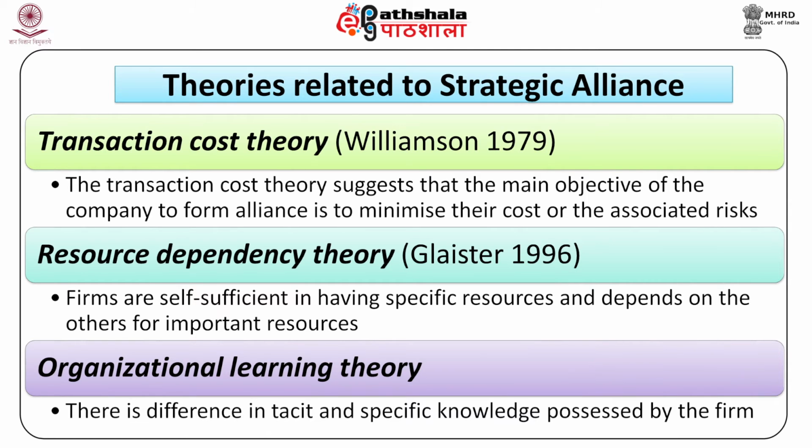Organizational learning theory. This theory states that there is a difference in tacit and specific knowledge possessed by the firm. The specific knowledge can be shared or transferred through licensing, whereas tacit knowledge is the inherent knowledge imbibed in an individual which can be transferred only by learning alongside the individual.